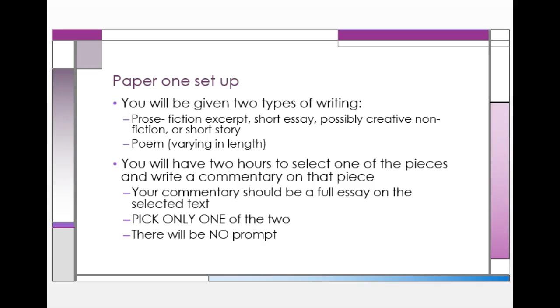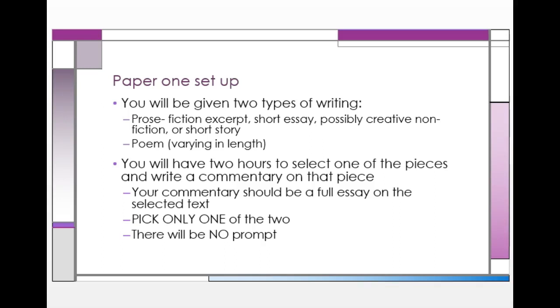Now, if you're completely uncomfortable with poetry, you feel like you struggled with it all the first semester and it's just not your strong suit, you could definitely pick the prose piece. You could definitely pick the piece of fiction. For that, again though, you would have to think about the literary devices and techniques that an author uses in order to achieve the overall message or idea or concept that they're trying to get across.